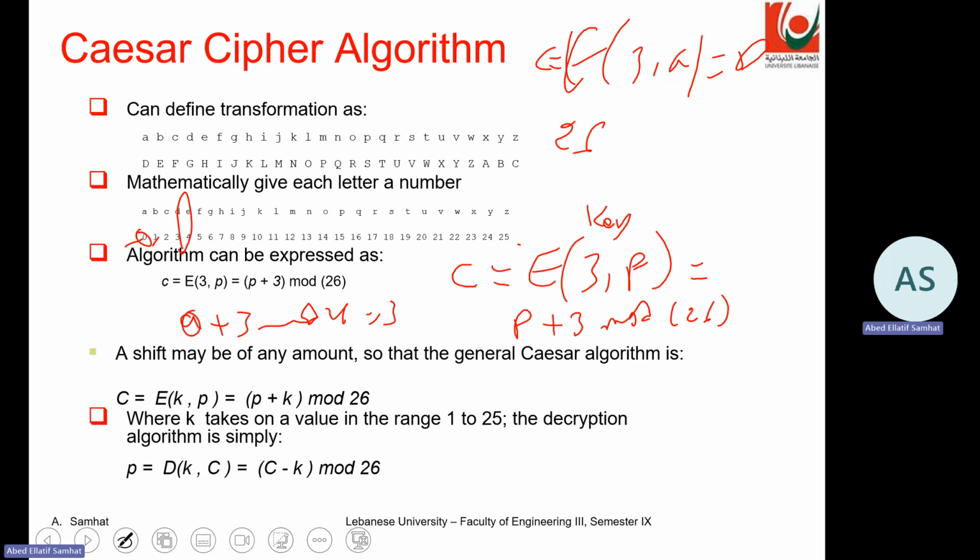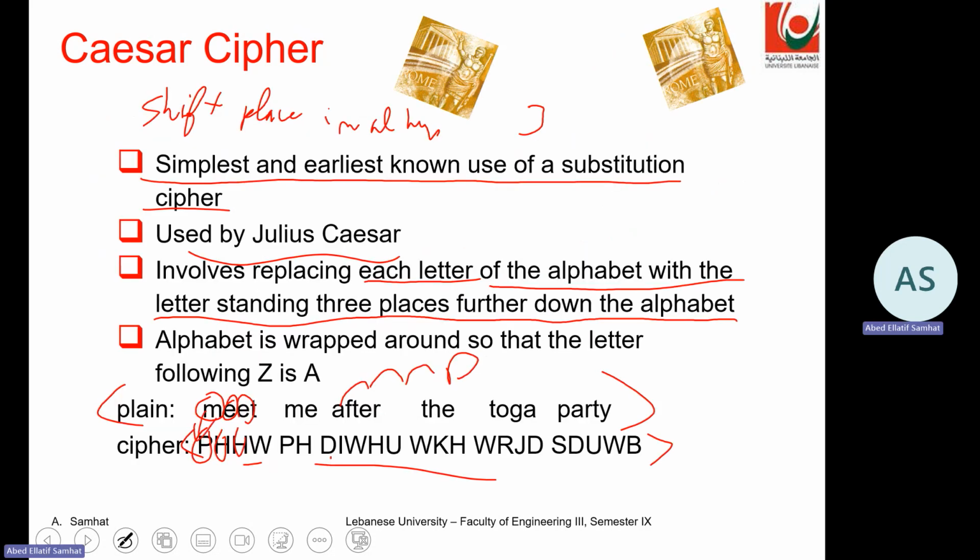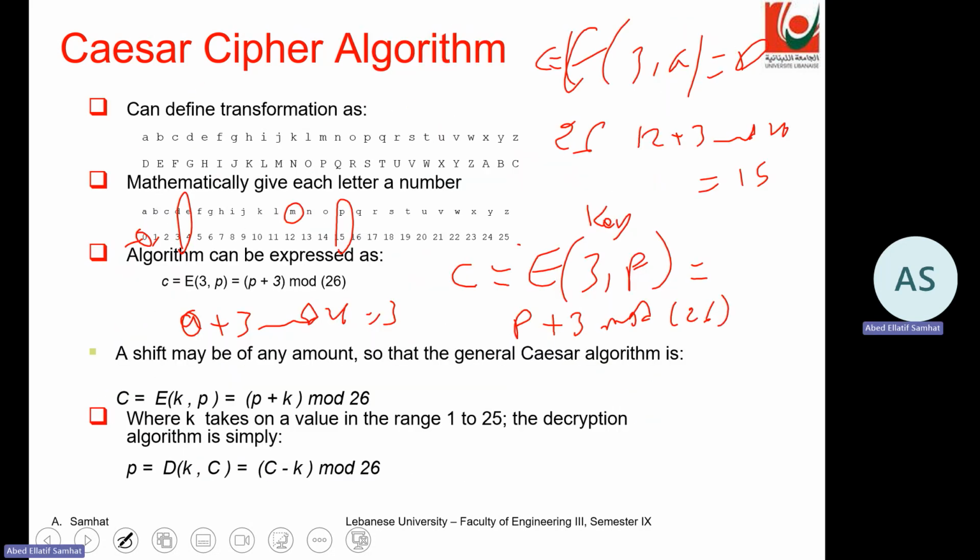If we want to encrypt M, which is 12, then 12 plus 3 mod 26 equals 15, and 15 is P. So the encryption of M is P, and typically we say that the cipher of M with key 3 equals P, and so on.